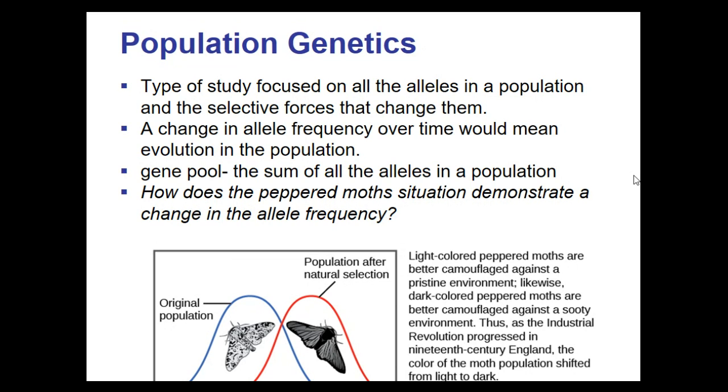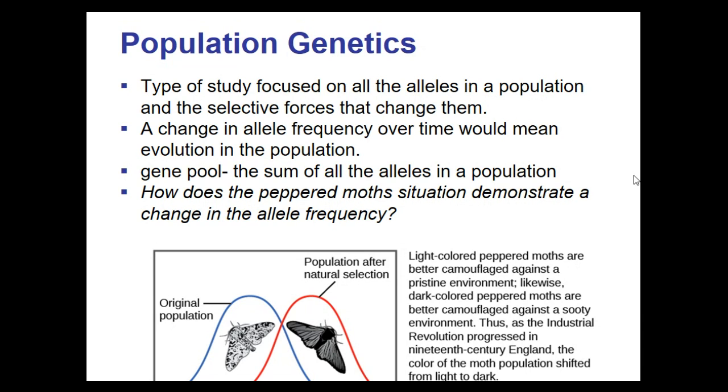And so there was a change in the population. There used to be more gray ones than black ones. Now there were more black ones than gray ones, because the tree trunks were black from pollution. And when people started caring about air pollution and the factories became less polluting, the air quality got better.